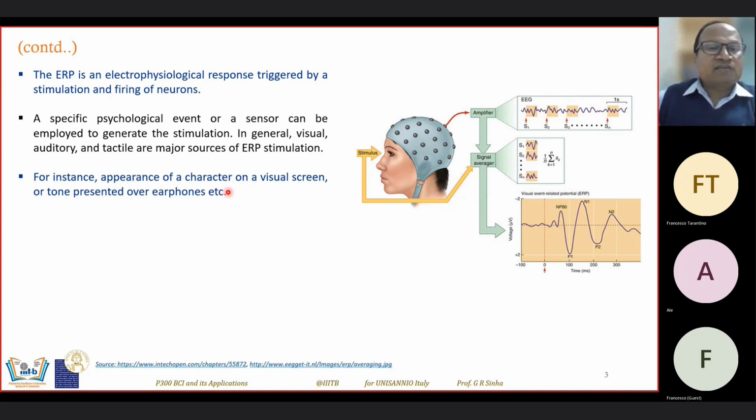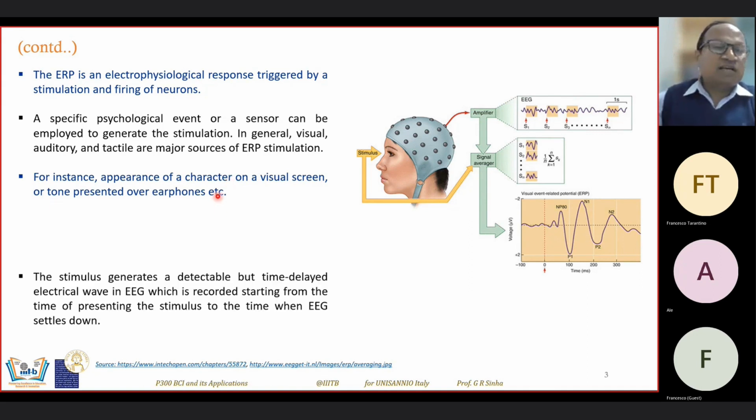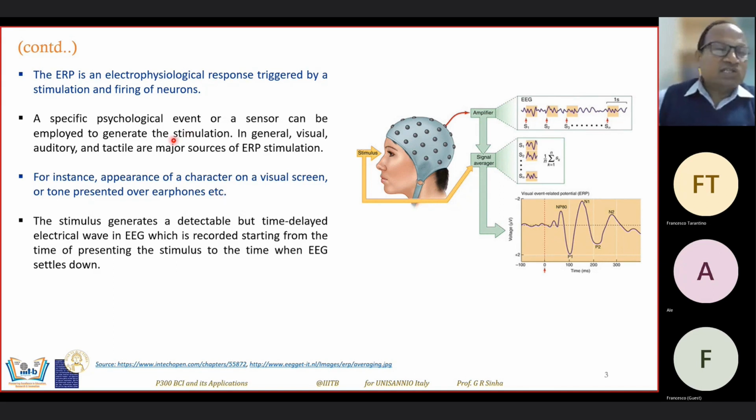For example, the appearance of a character on a visual screen in front of a person. We can put a screen or a monitor there. We can produce certain characters, certain letters, and a certain tone presented over the earphone. These kinds of things can be given, and that stimulus, produced either by visual, auditory, or tactile means, generates a detectable but time-delayed electrical wave.